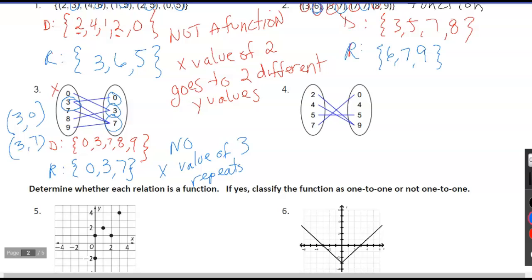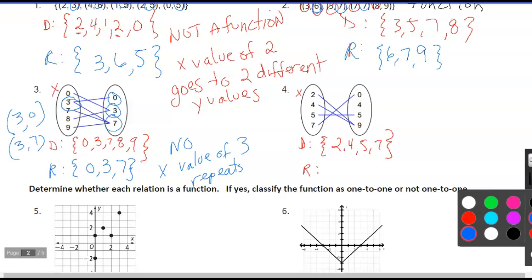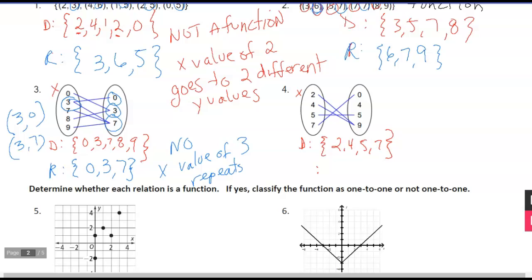And then number 4, one more time. My domain, my x's, 2, 4, 5, 7. My range is my y's of 0, 4, 5, 9.